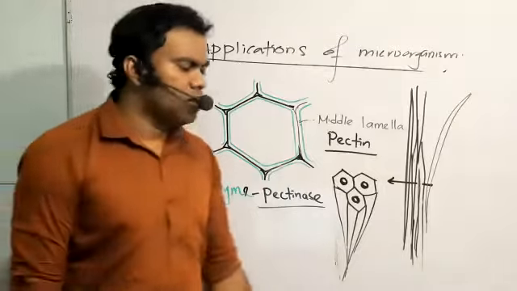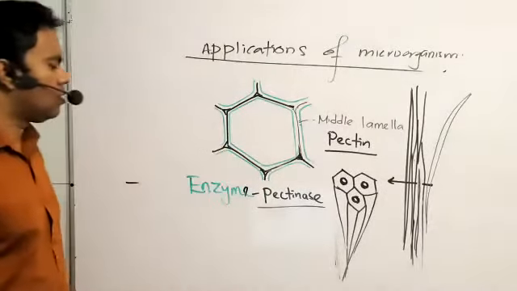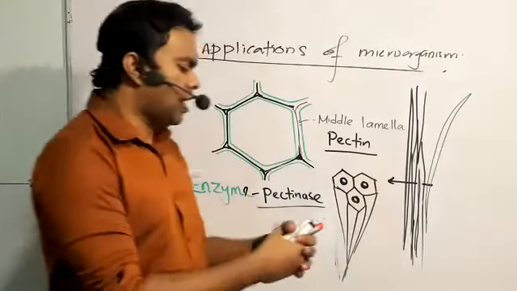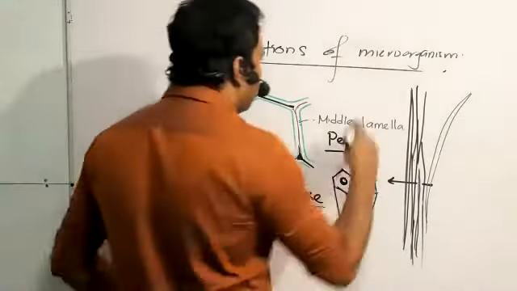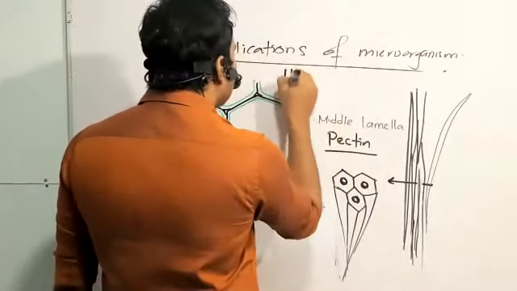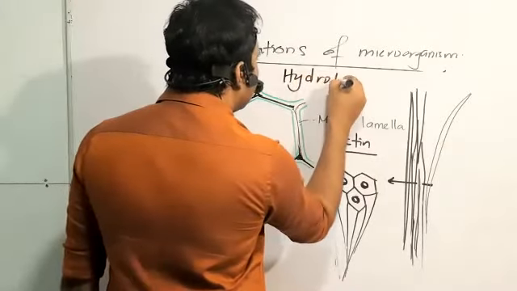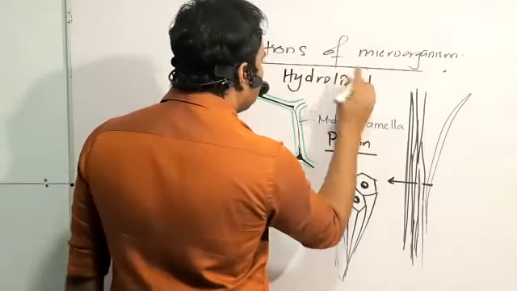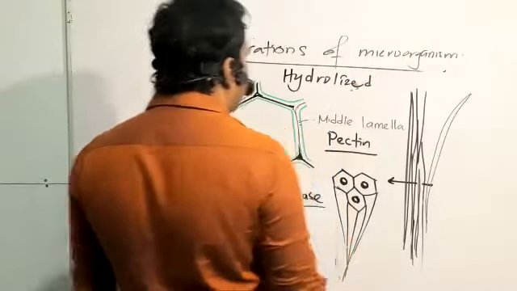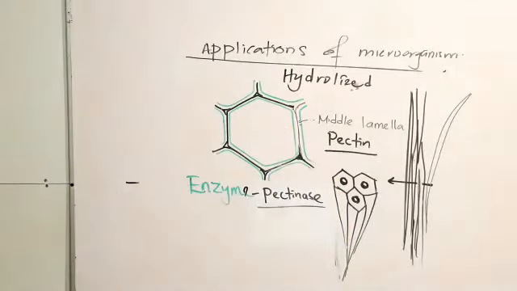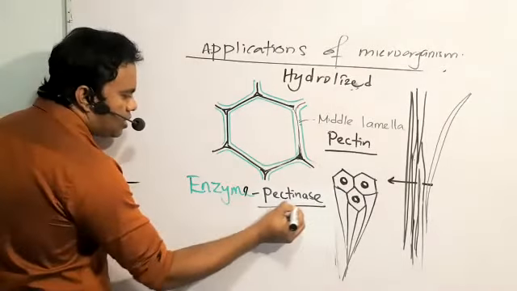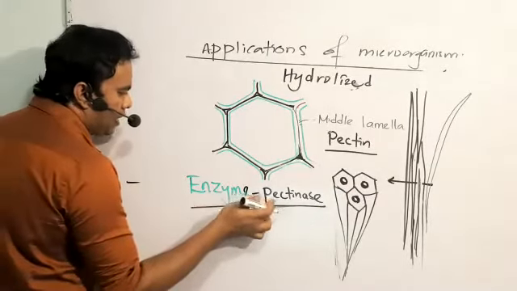Okay, next point. But this pectin can be hydrolyzed. Hydrolyzed means it is broken down by water, dissolved. But this pectin is hydrolyzed by the enzyme called pectinase.